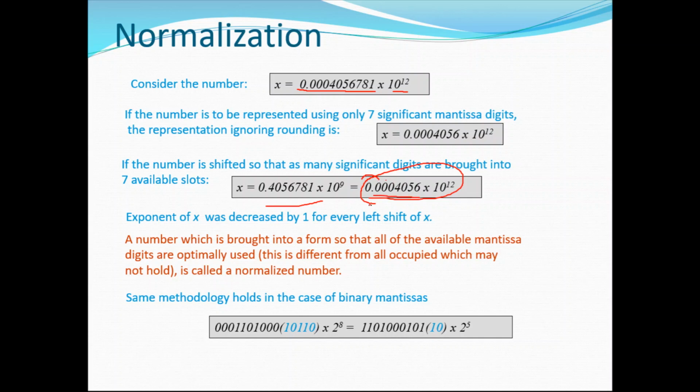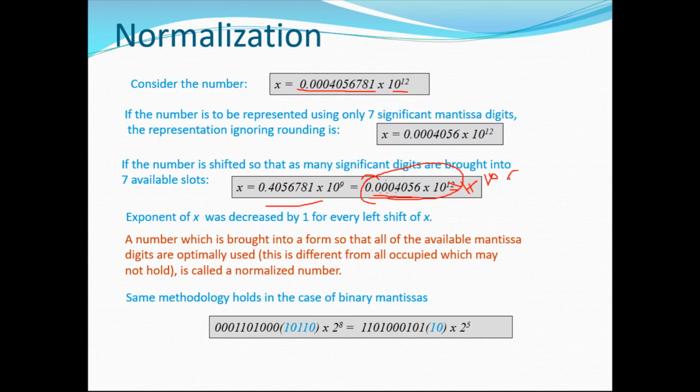For every left shift you have to decrement the exponential part by 1. When you left shift by 1 time, the decimal point will come here and this will become 11. When you shift 2 times, the decimal point will come here and this will become 10. When you shift 3 times, the decimal point will come here and this will become 9.